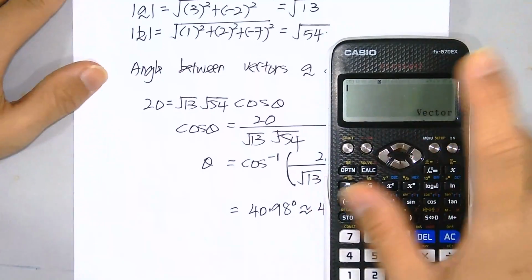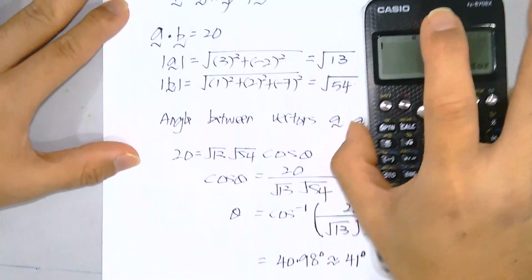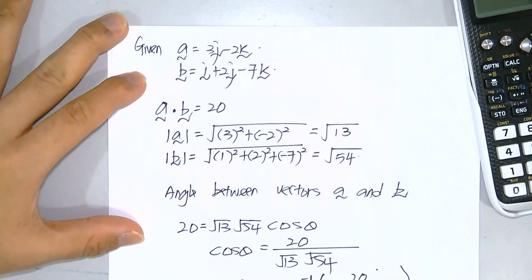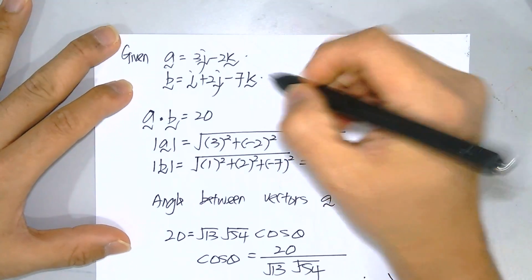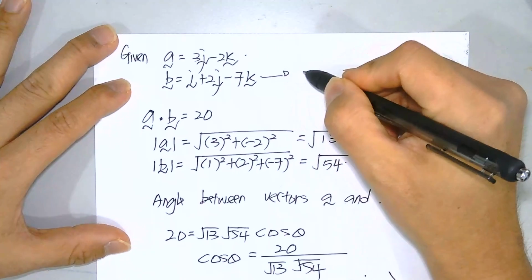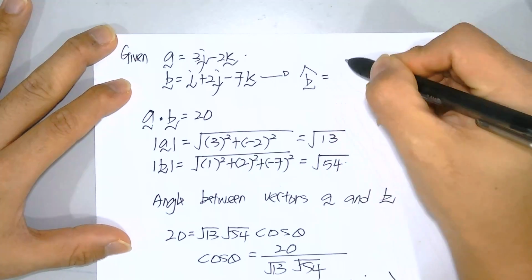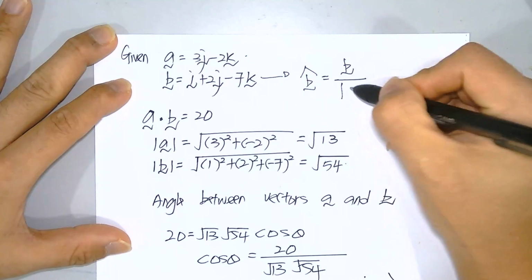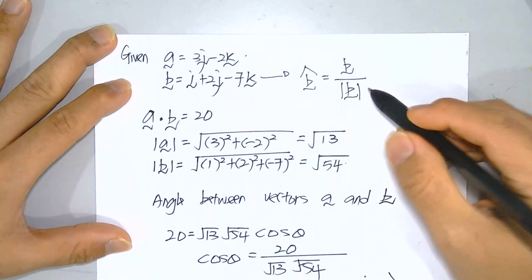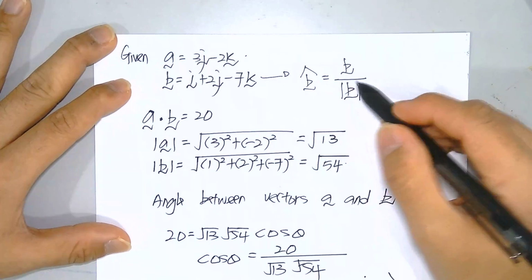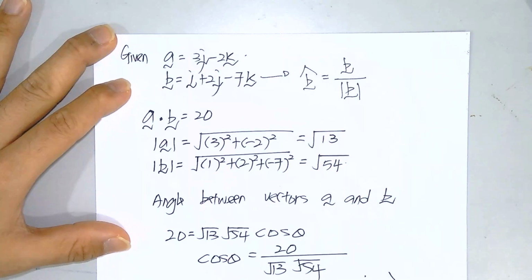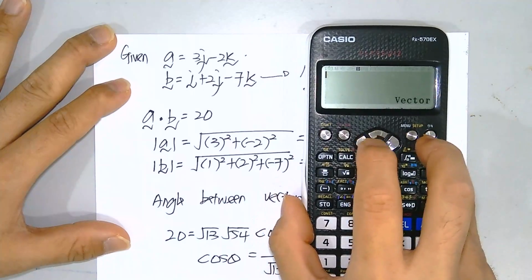So okay, one more. I forgot one more. I'm going to share how to find the unit vector. For example, I want to find the unit vector for vector B. As you know, the unit vector is defined to be the vector divided by its own magnitude. So very simple.